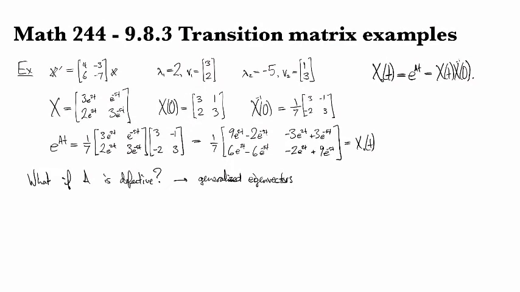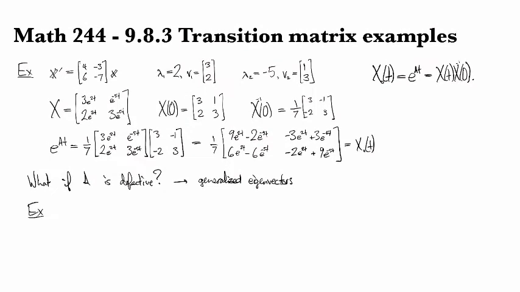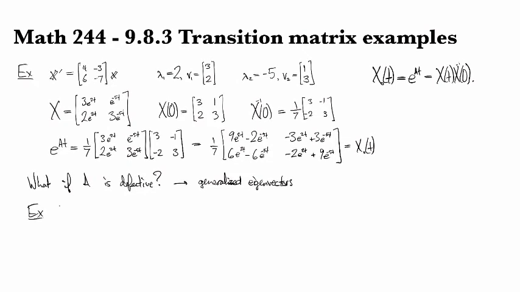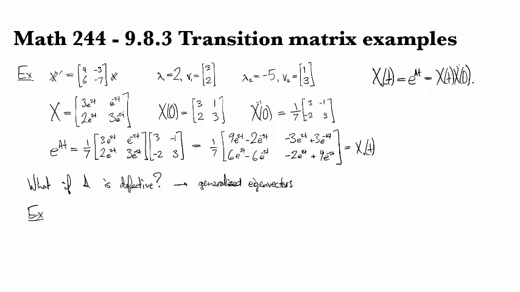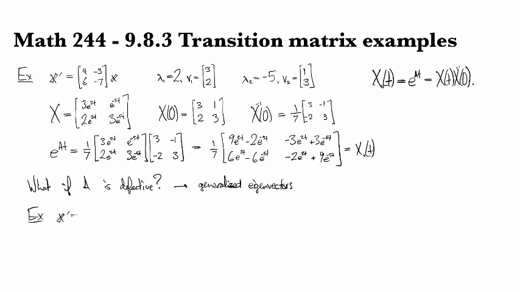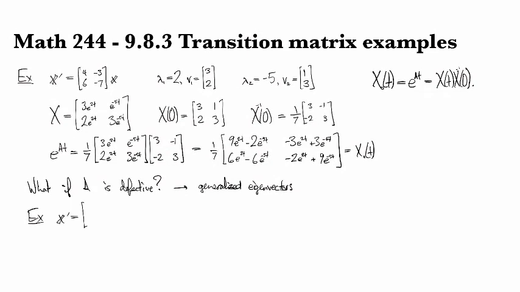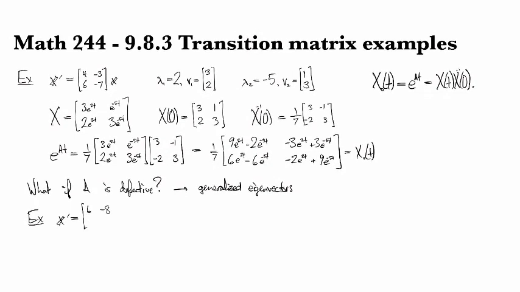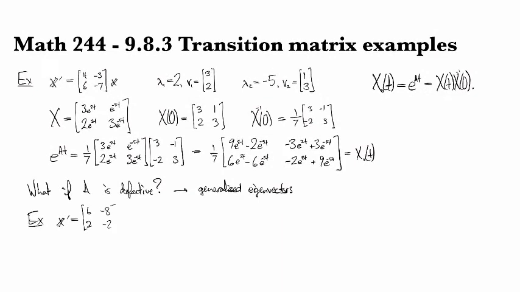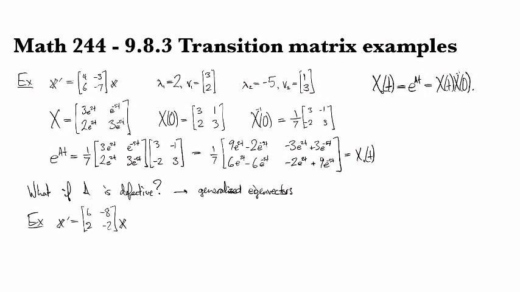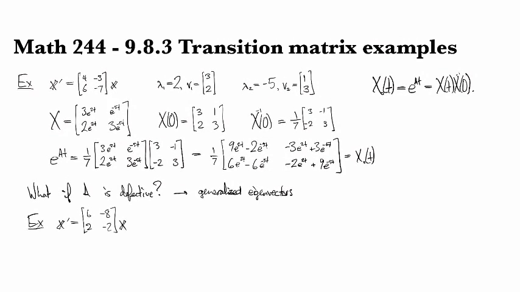So let's have a look at an example. So perhaps we've got the matrix 6, -8, 2, -2.